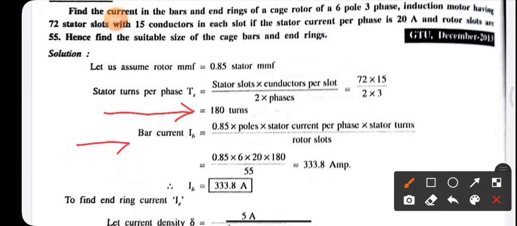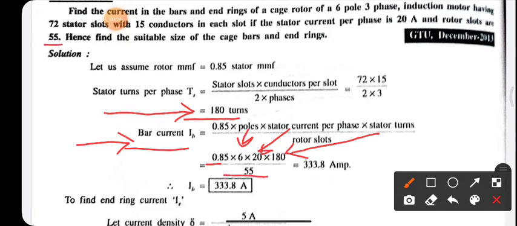Now in this equation we have everything required to find the bar current. 0.85 is a constant, the number of poles is 6, the stator current is given as 20, the stator turns we have just found, 180 turns, and the rotor slots are given as 55. So we get the bar current as 333.8 amperes.